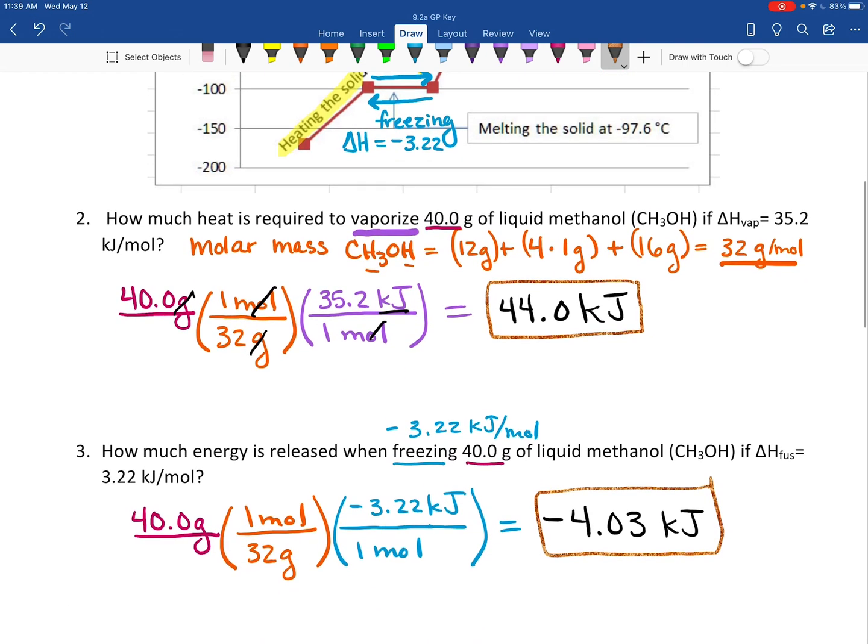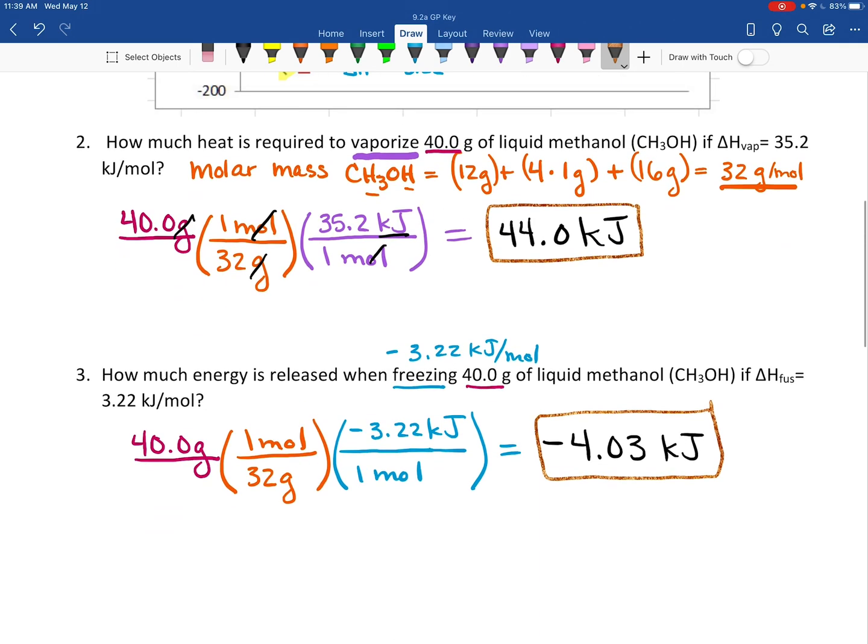And one of the reasons why is that in order to be able to vaporize, we have to completely break all of the intermolecular or interparticle forces on an individual molecule in order to vaporize it. And with the freezing and the melting, we are just having to either make or break just a handful of those intermolecular forces.